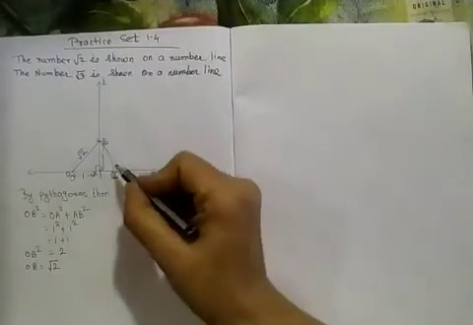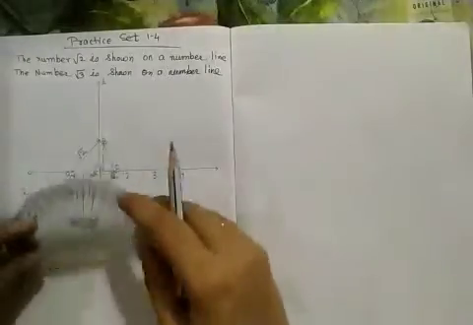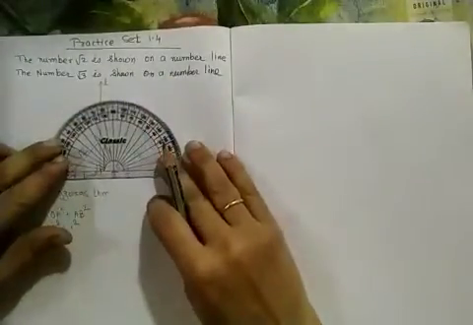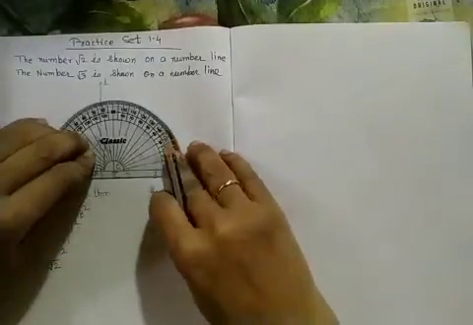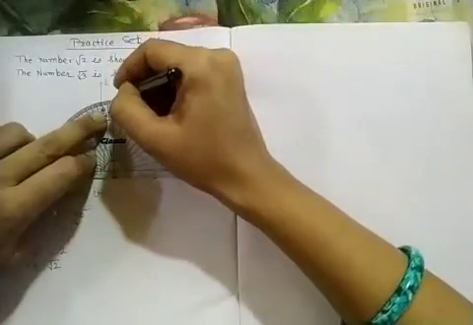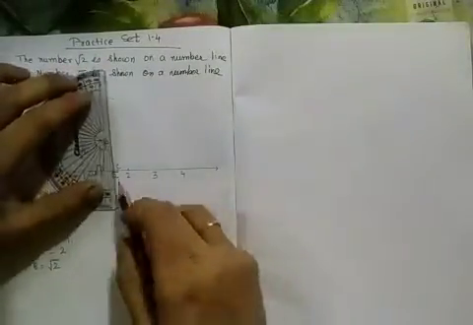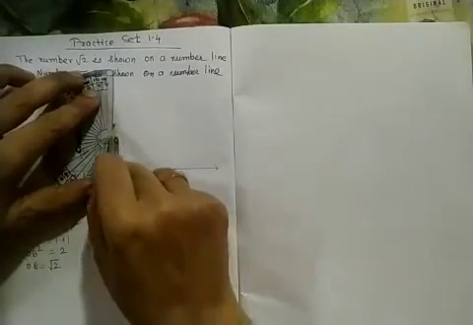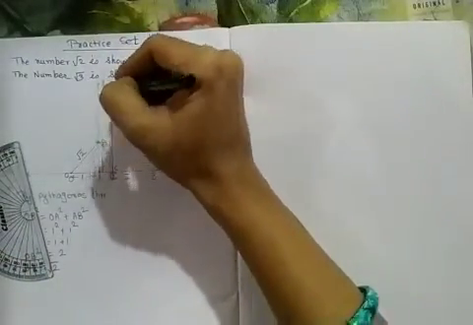From this point C, again you will draw a perpendicular, meaning a 90-degree angle. And here I am giving this line the name M.